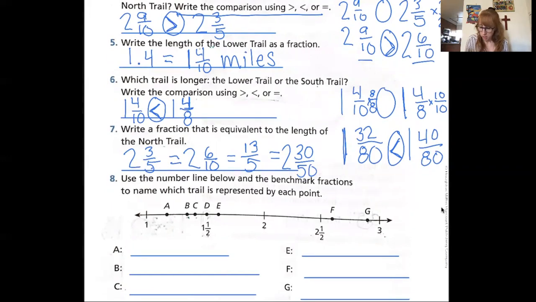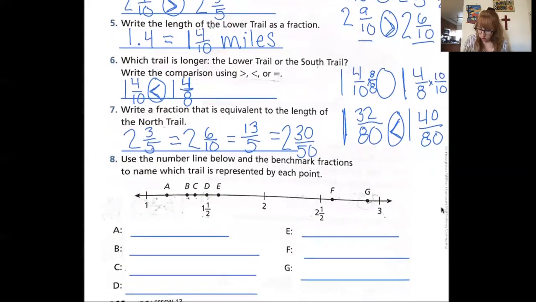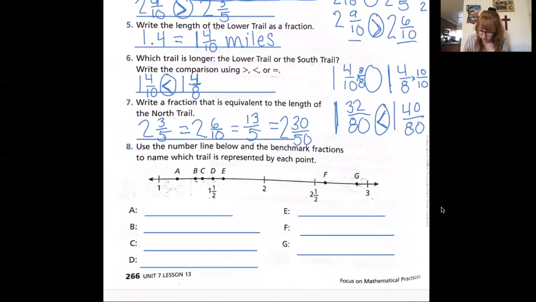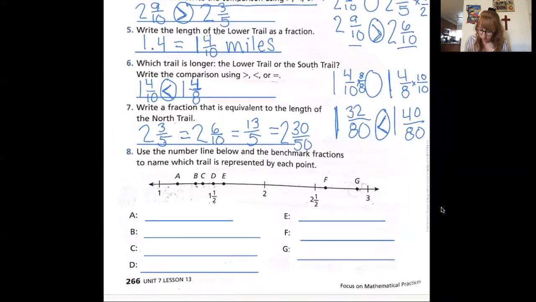Now, we're going to use the trail map to determine which of these points are each trail. So first, let's start with which trail is equal to 1 1/2. It gives us this benchmark here. We have 1, 1 1/2, 2, 2 1/2, and 3.